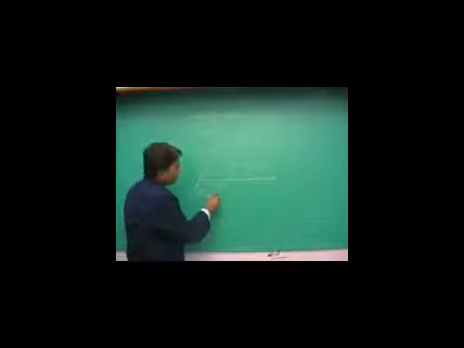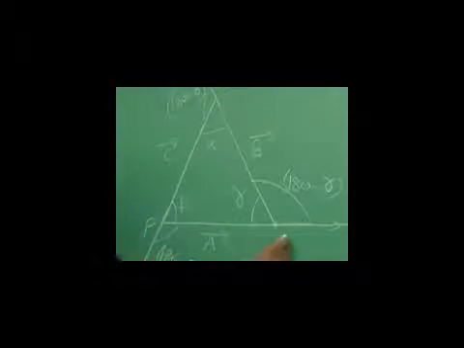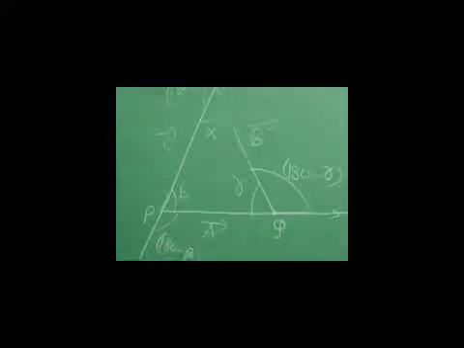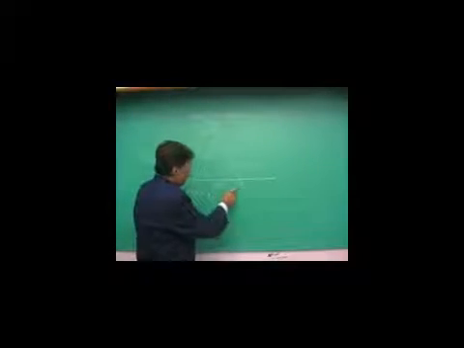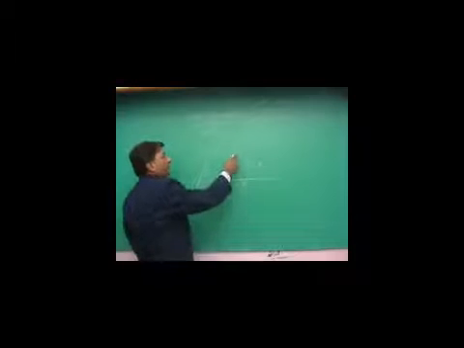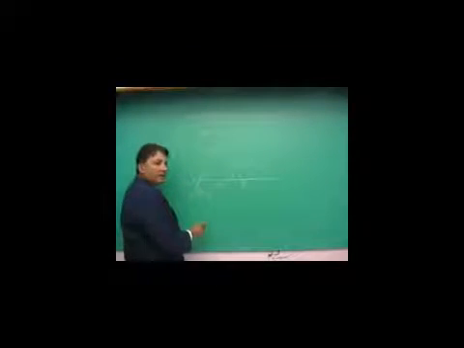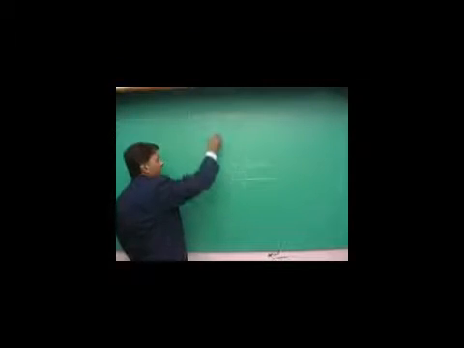Now you have a triangle PQR. Vector A is represented by PQ, vector B is represented by QR, and vector C is represented by PR.